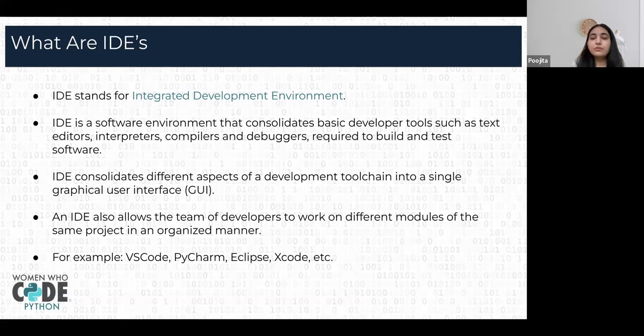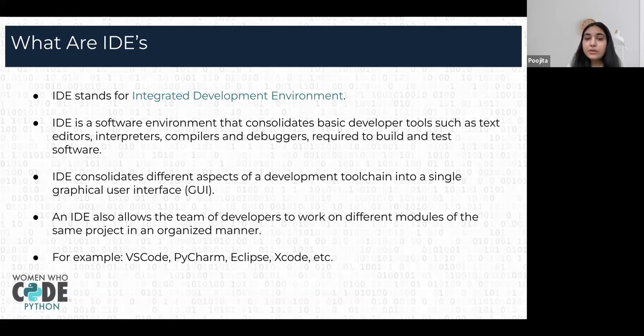So after discussing a few requirements, now we should discuss what IDEs are and what code or text editors are. Let's start with IDEs. IDE stands for integrated development environment. This could be for any programming language. Usually IDEs support multiple programming languages, but let's stick to Python for now.